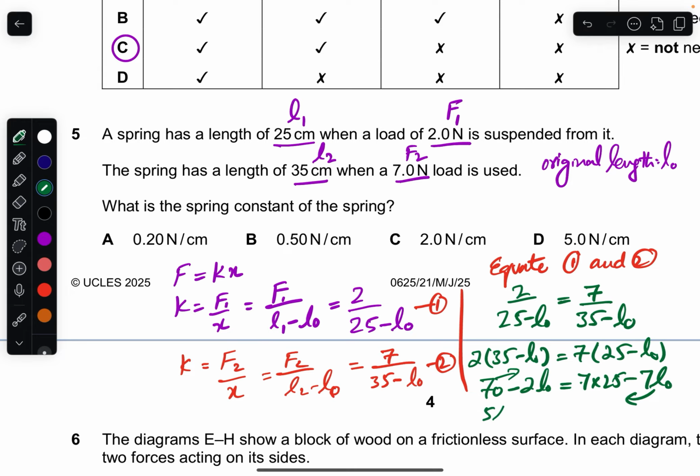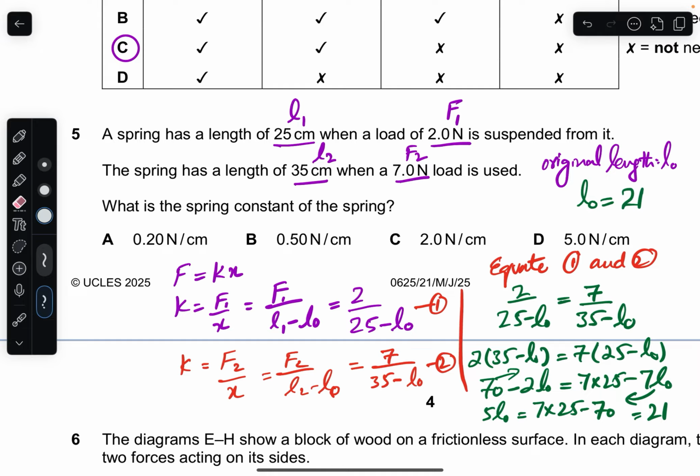It will give you 5 L naught equals 7 into 25 minus 70. Subtracting both of them, it will give you 21. So the original length L naught is equal to 21.